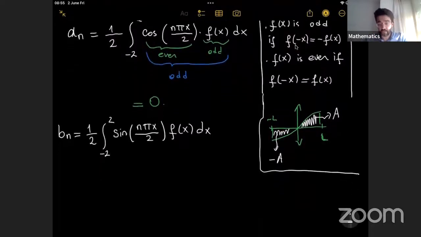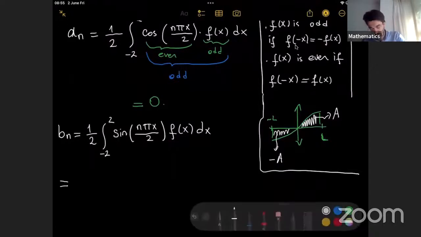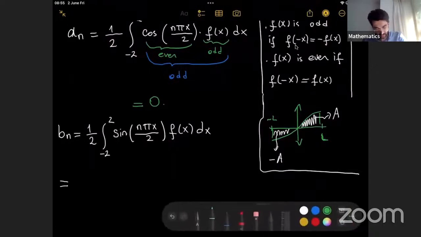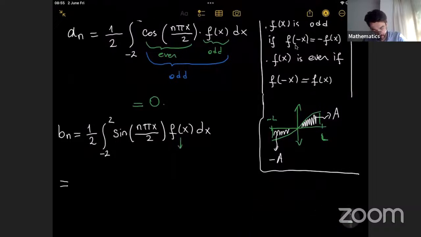Well, here now, let's compute this integral. It's not 0 now. What we can do is, again, analyze this. It's an odd function. Sine is also an odd function.